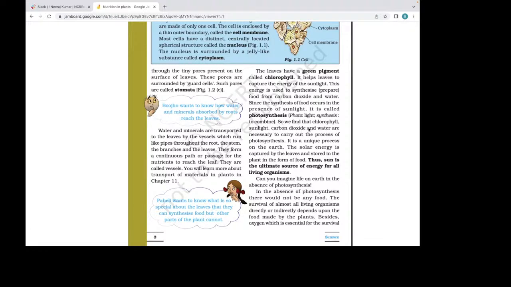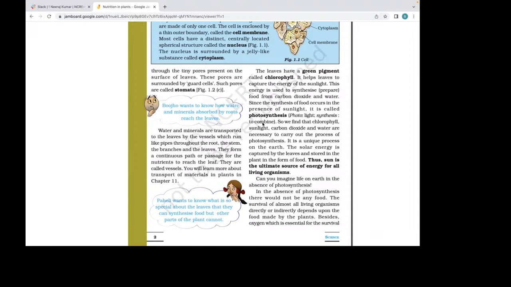So we find that chlorophyll, sunlight, carbon dioxide and water are necessary to carry out the process of photosynthesis. So what have we used so far? We have used chlorophyll, sunlight, carbon dioxide and water.